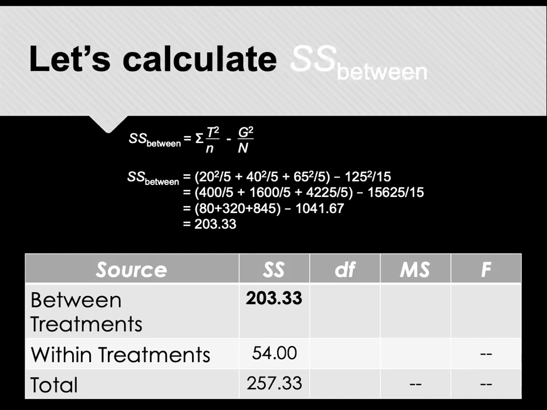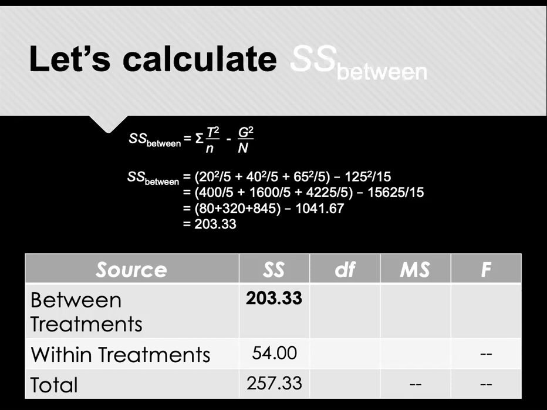This is where I can give you a lot of credit, maybe even full credit, if you're pulling the right numbers and you've identified the T's and the n's and to add them up, and the G and the big N. If you don't necessarily get to the same 203.33 because you made a math error along the way, I don't really care about that. I care that you know which formula to use and that you pull the right numbers from all that prep work in your attempts to calculate the sum of squares between, okay?